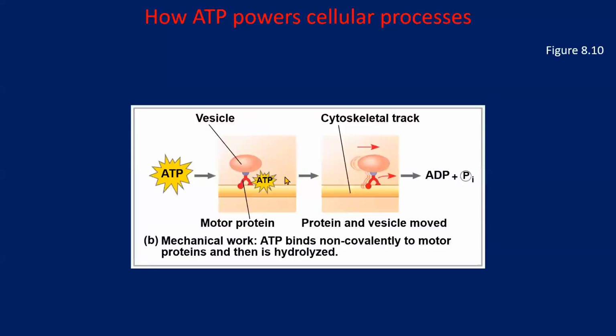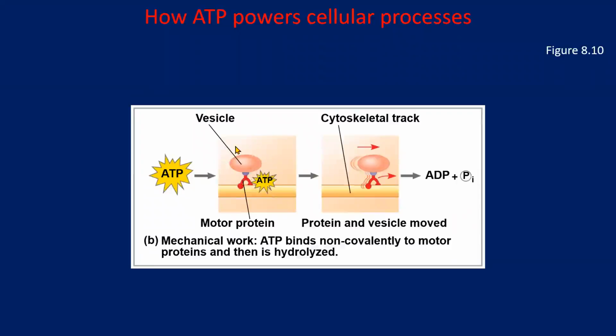The other example is the motor protein. What you see here is a cytoskeleton track, and the motor protein carrying a vesicle.